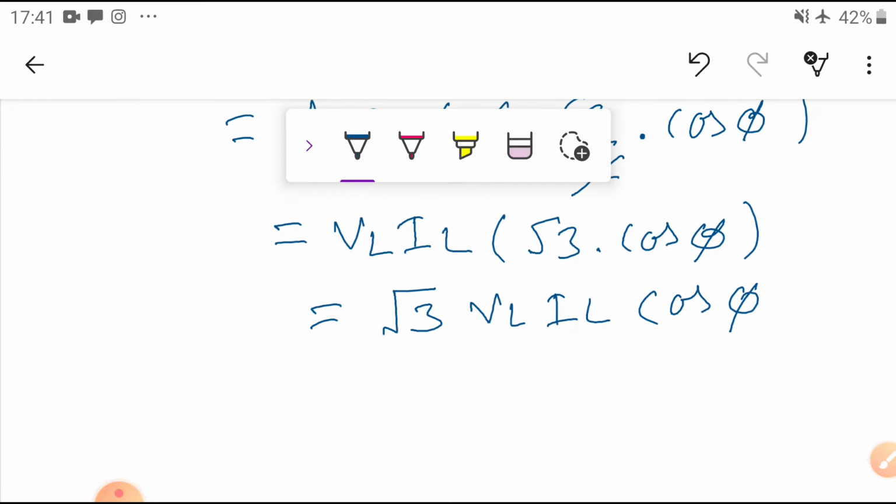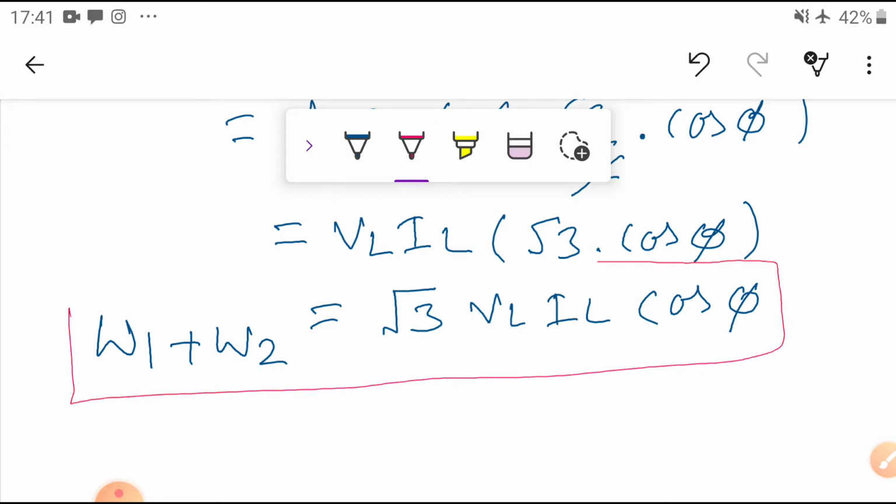Okay, so that is equal to W1 plus W2. What is this? This is nothing but the total power consumed, by the 2 wattmeter method. This is a 3-phase supply, 3-phase power, root 3 VL IL cos 5. Okay, so that means the total power indicated by the 2 wattmeters, W1 and W2, indicates the total power consumed in a 3-phase load.